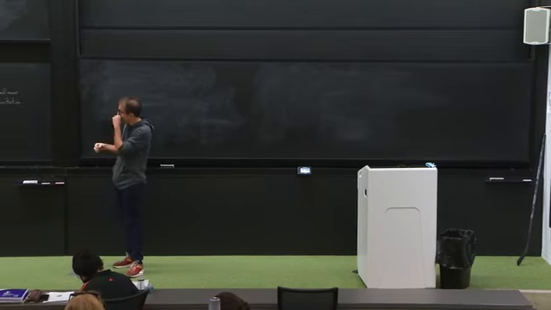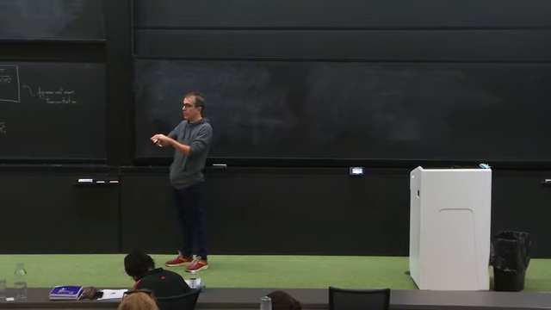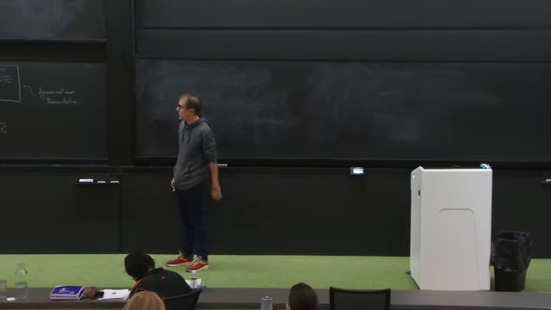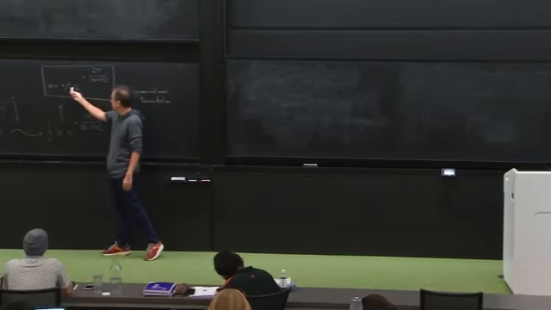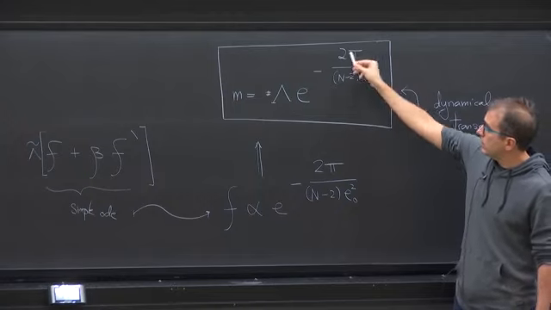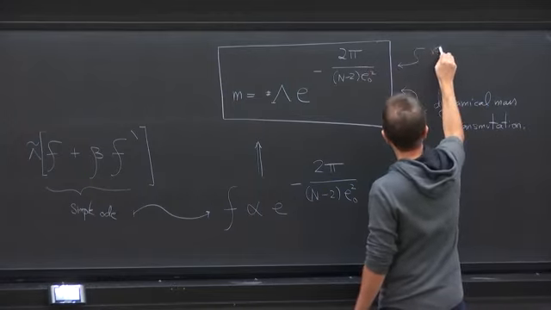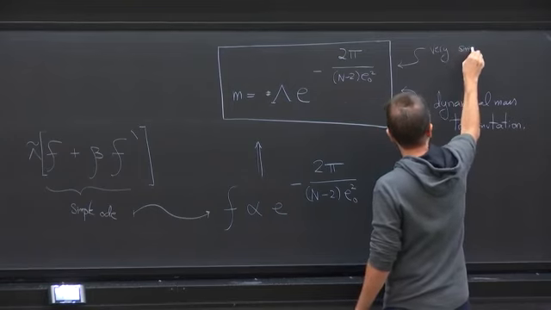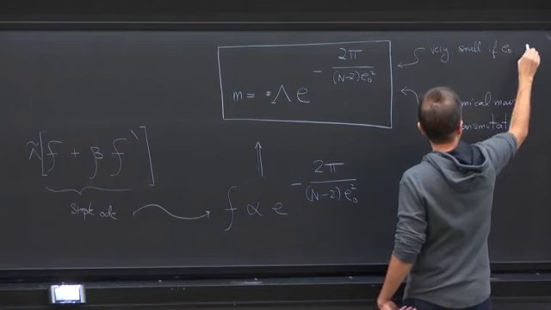Here it will be the strongly coupled dynamics of this theory: you start with what looks like n minus 1 massless fields, and you end up with fields that are not massless, but have some very small mass. If this coupling is very small, this quantity is very big, and so this mass will be very small if E0 is small.